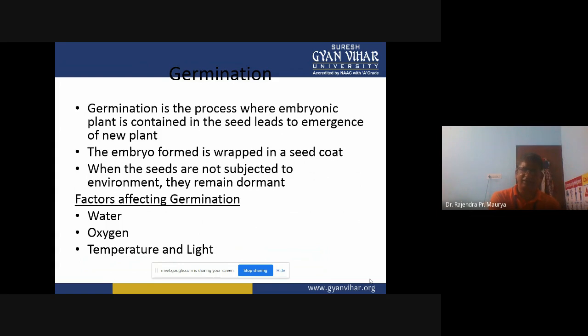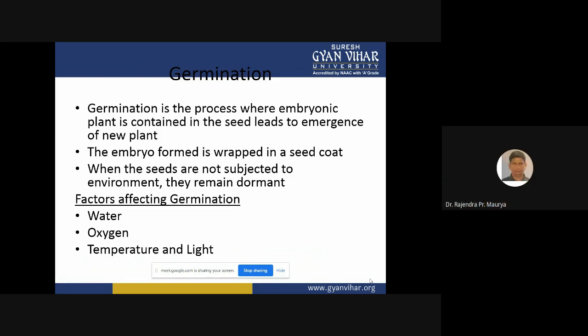The main axis from the seed germination, from the plumule or radicle up to the portion of the seed leaves or cotyledons, is the hypocotyl. Just above these cotyledon leaves or seed leaves, it produces the true leaves, and that portion is known as the epicotyl. So it emerges as a new plant.